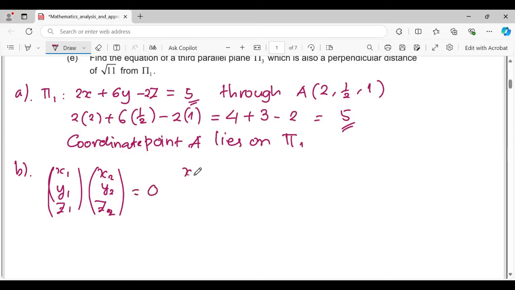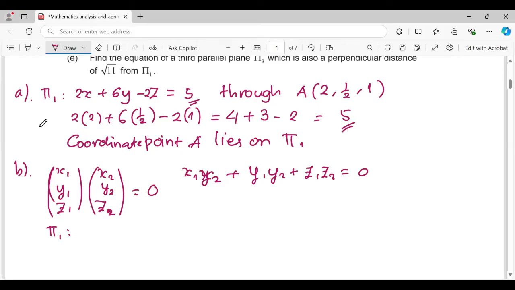So it means x1 times x2 plus y1 times y2 plus z1 times z2 equals 0.